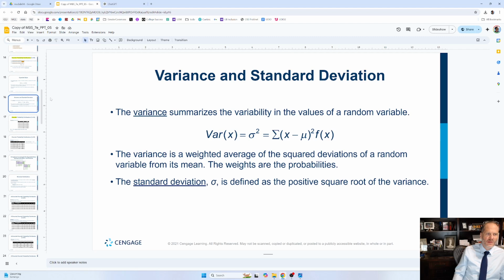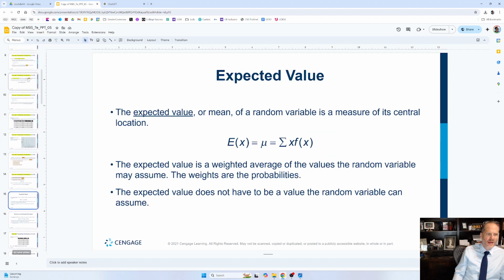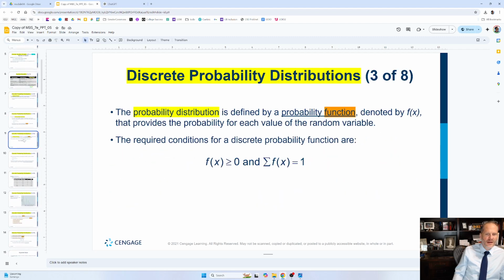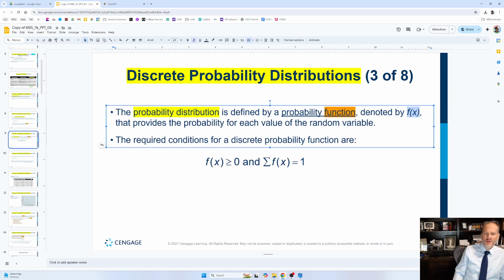Coming back up to this, fx is a very common notation for a function that provides the probability for each value of the random variable. I'm just going to bold that and italicize it.